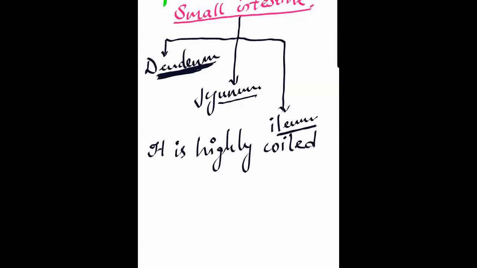Okay, I'll start from the small intestine. The small intestine is after the stomach. It is just like a pipe, like the esophagus. It has three parts.